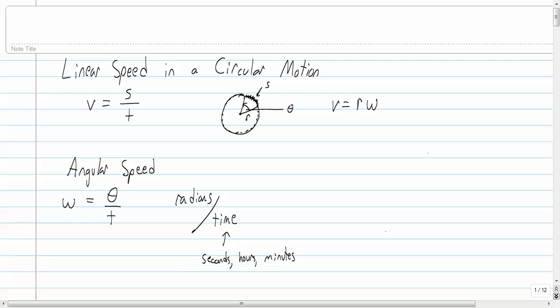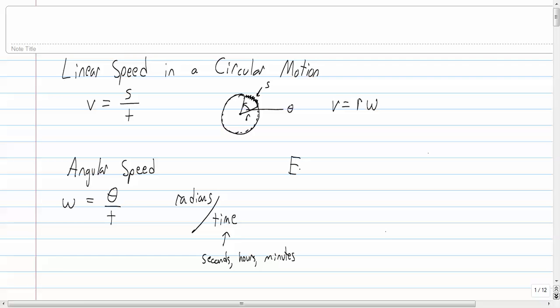And we can actually take RPM, revolutions per minute, and change that over to radians per minute. So we can look at the angular speed in radians per unit of time.